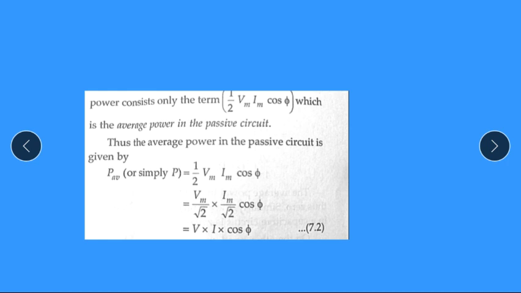We know that Vm by root 2 is the RMS value of V and Im by root 2 is the RMS value of I. So P average is Vrms Irms cos of phi.